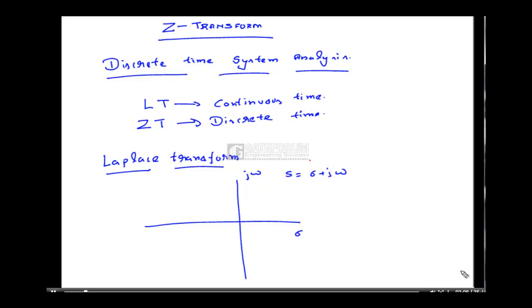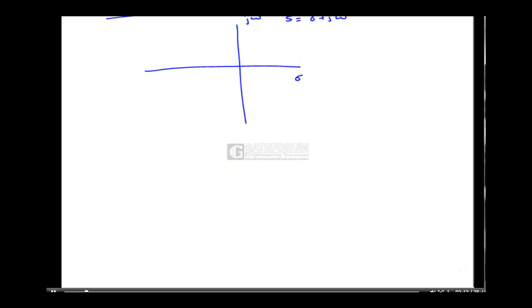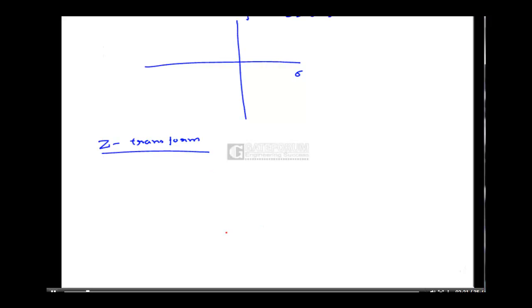Similarly, when we go to Z transform, my Z plane will look like this, and I have one unit circle, with radius r equal to 1.